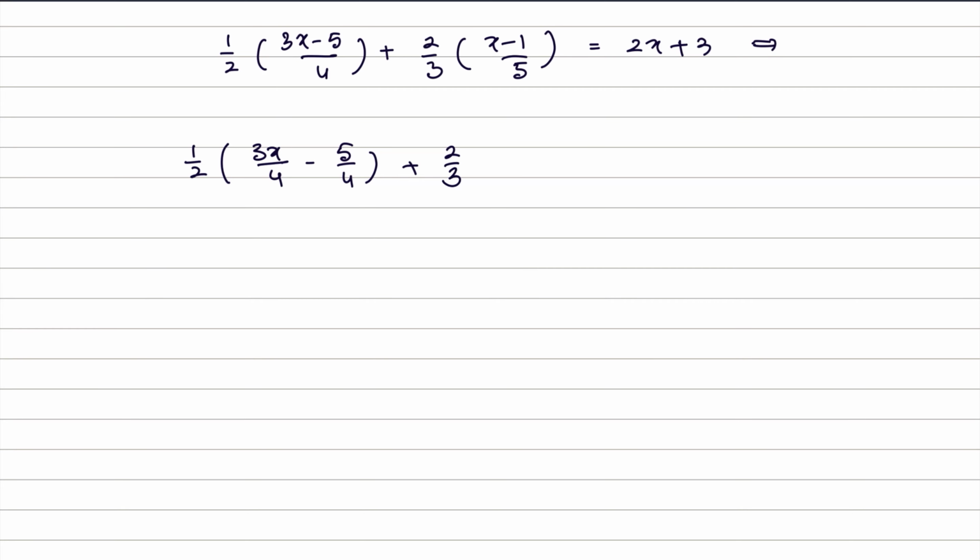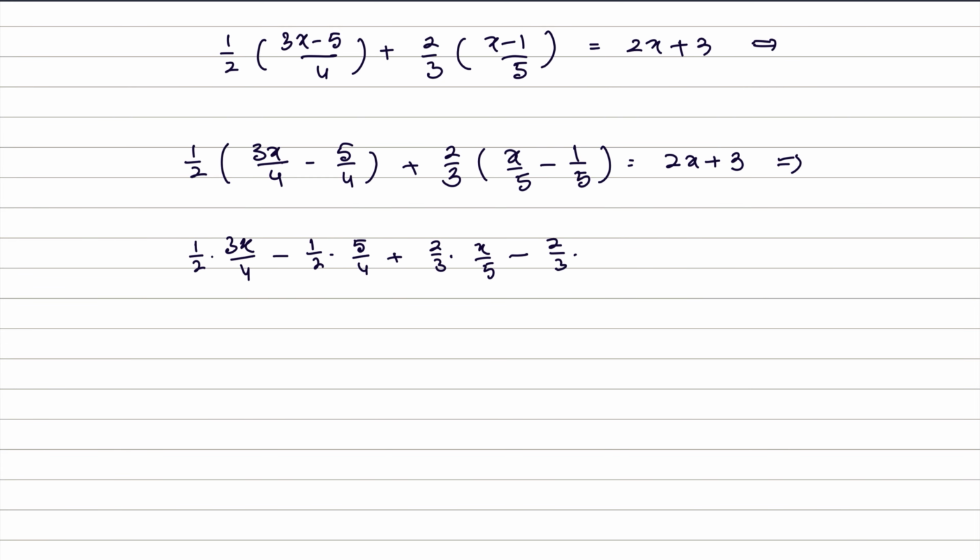Opening the brackets: half into 3x by 4 minus half into 5 by 4 plus 2 by 3 into x by 5 minus 2 by 3 into 1 by 5 is equal to 2x plus 3.